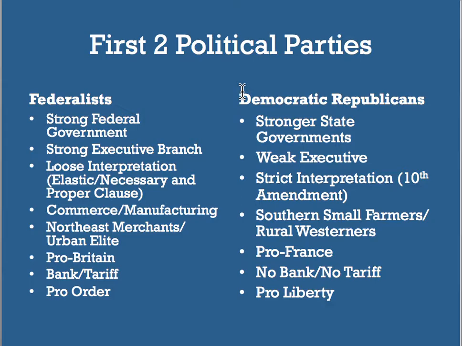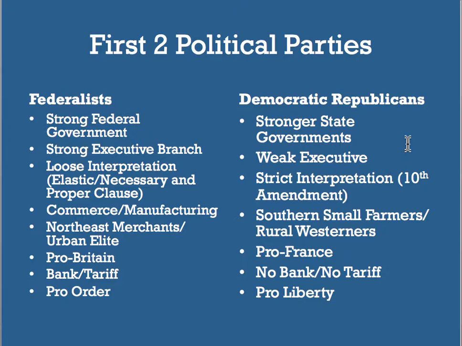The Democratic Republicans on the other side are going to be people like Thomas Jefferson, James Monroe, Thomas Paine. They believe in a weaker federal government, stronger state governments. They believe in a stricter interpretation of the Constitution and following the 10th Amendment, which of course says that any power not given to the federal government in the Constitution is reserved or saved for the states.